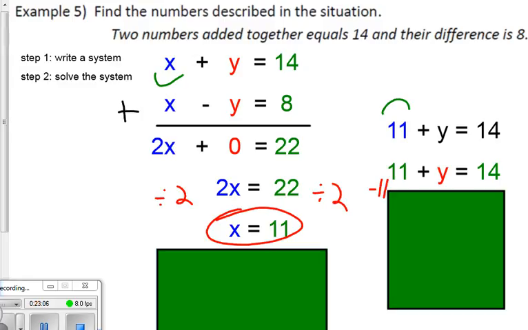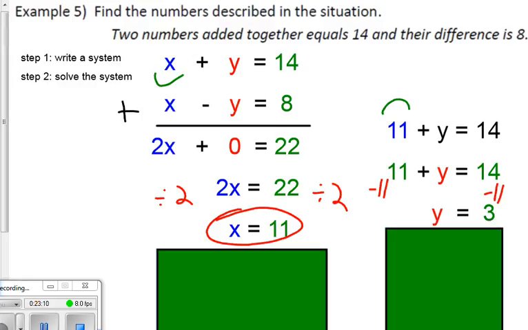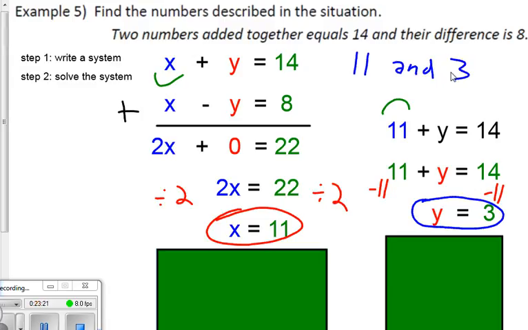I need to subtract 11 from both sides of the equation, which is going to leave us with y equals 3. So the two numbers in this case are 11 and 3. Those are the two numbers such that when you add them together, you'll get 14. When you subtract them, you get 8.